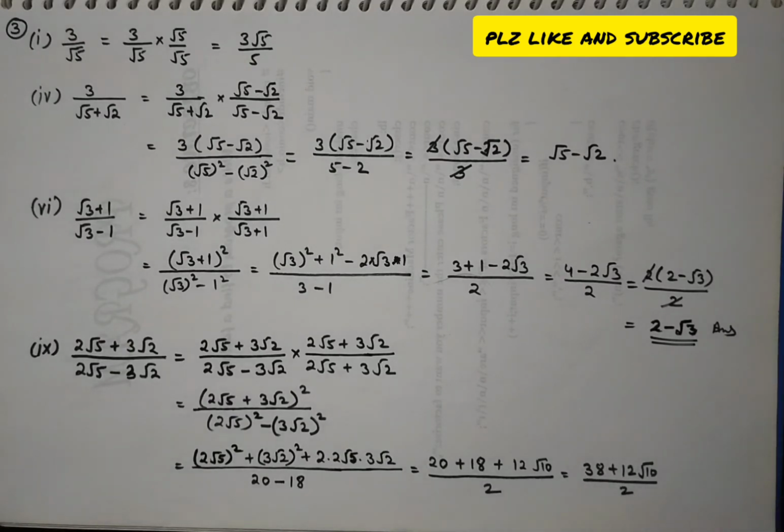On taking 2 common from these two, you will have 2 times (19 plus 6 root 10) upon 2, cancel it out, and you will be left with 19 plus 6 root 10 as the answer for this question.